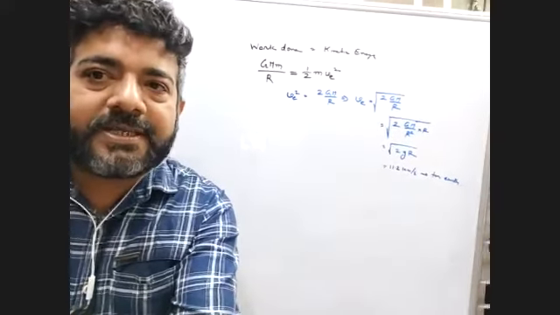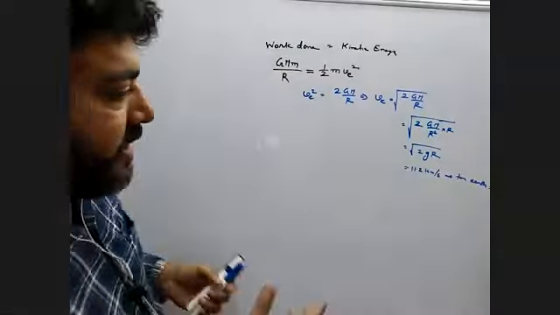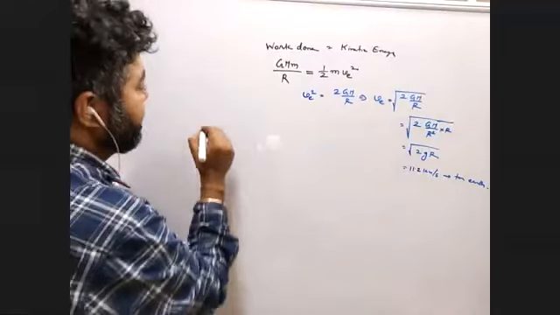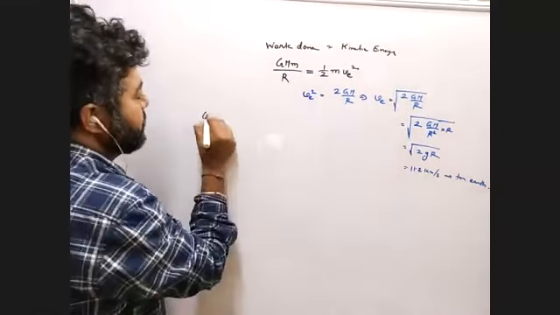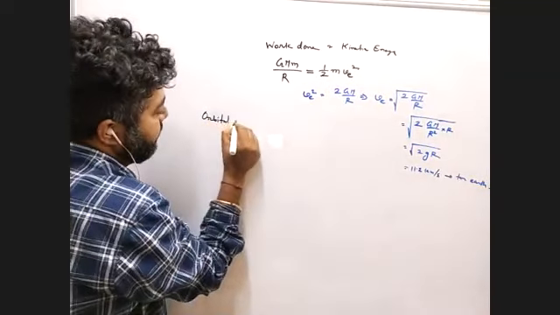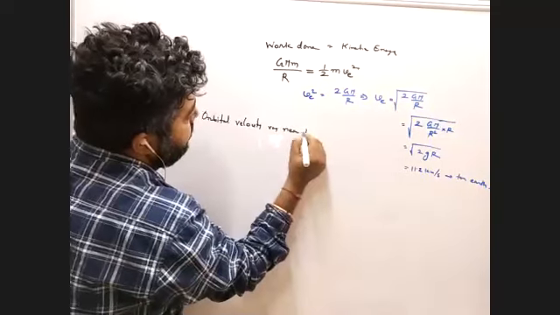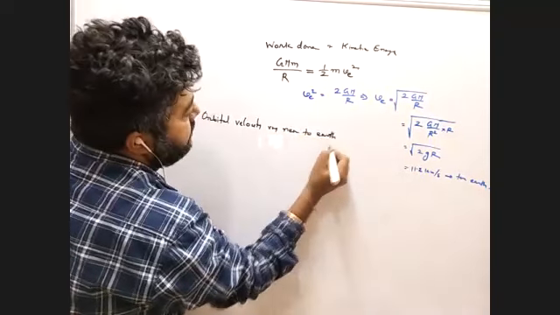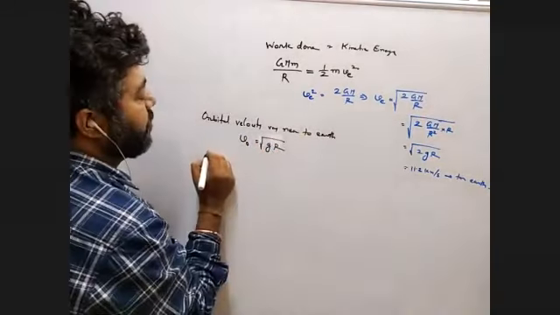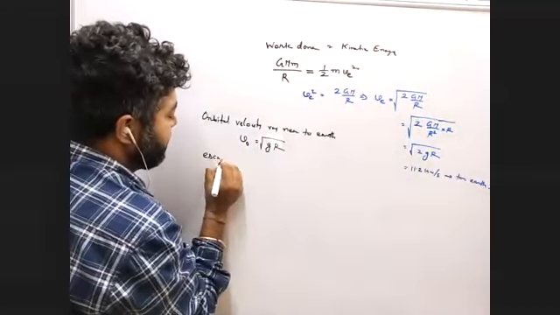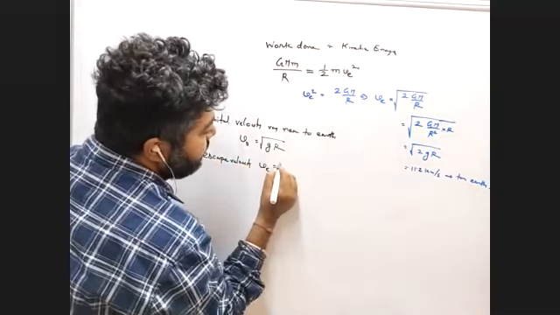So if anyone asks you this type of question, we know orbital velocity very near to Earth is v naught equals root under gR, and escape velocity, as we just proved, is root under 2gR.